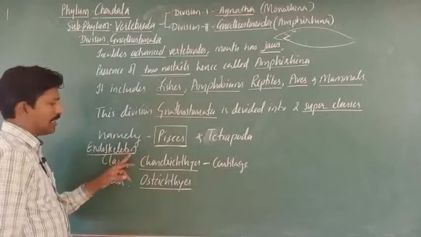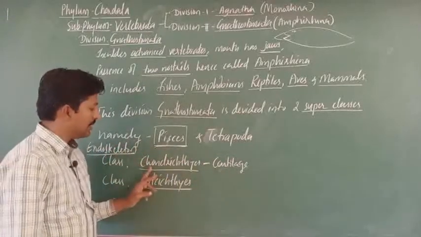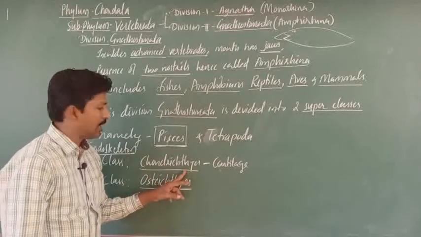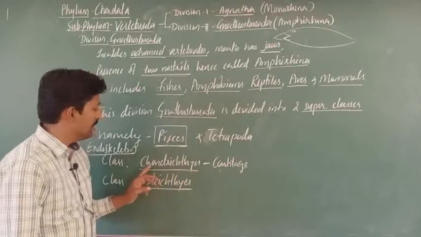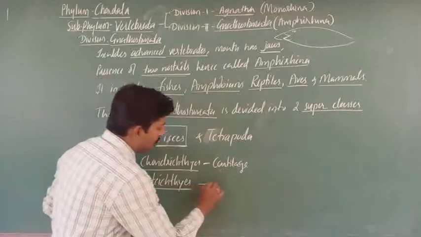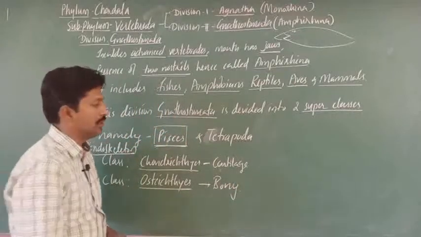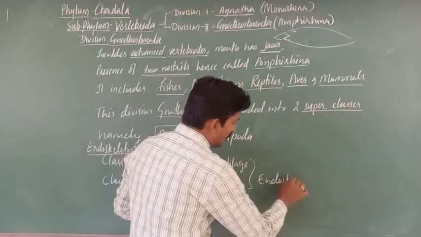If the endoskeleton is made up of cartilage, they are considered as Chondrichthyes, for example ray fish and shark. Osteichthyes means they are made up of a bony endoskeleton.